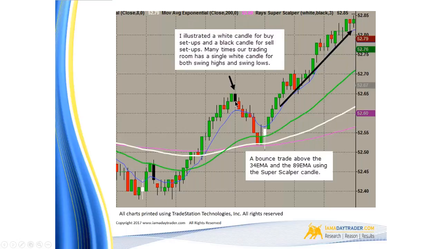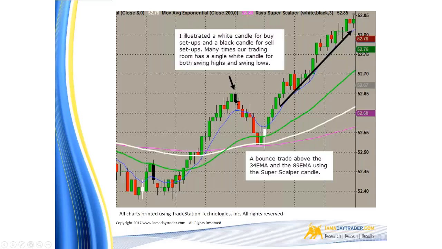The T1 candle is created by the following. Once you have a close from these highs, you have one down close, and then you have a one tick underneath that low.